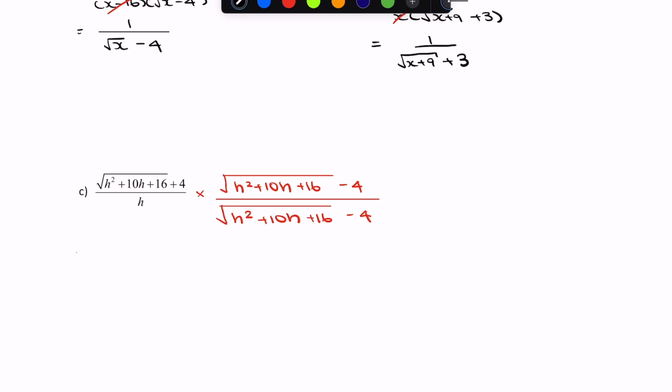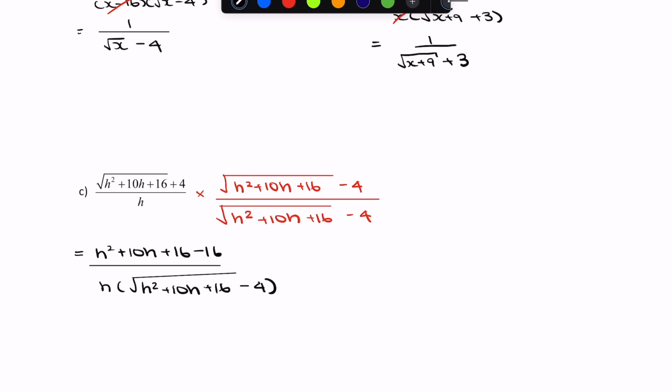Here, we'll be left with h squared plus 10h plus 16 minus 16 over h times square root h squared plus 10h plus 16 minus 4. Here we see that our 16 and negative 16 cancel out. We can factor out an h from the remaining h squared plus 10h.